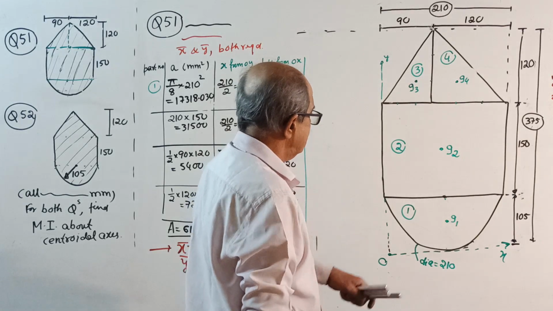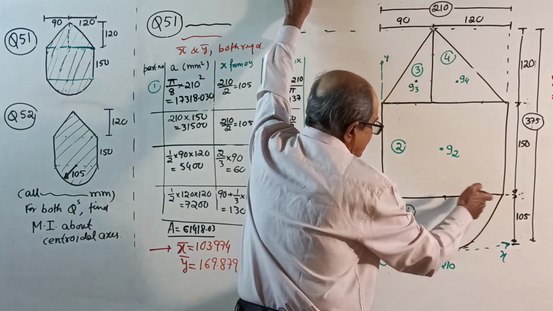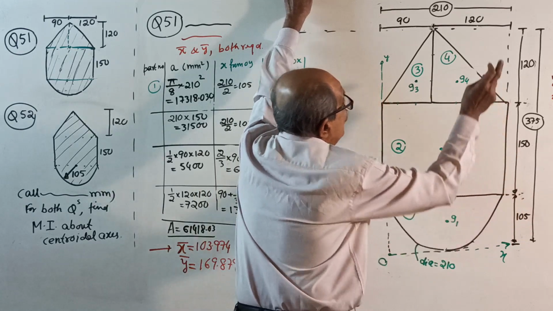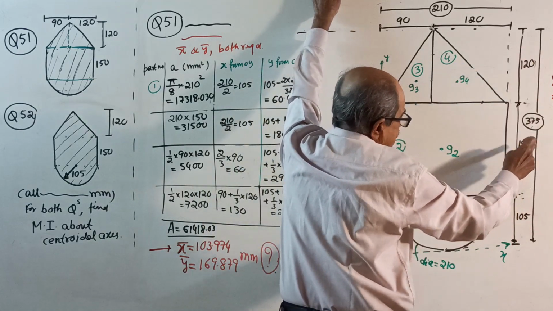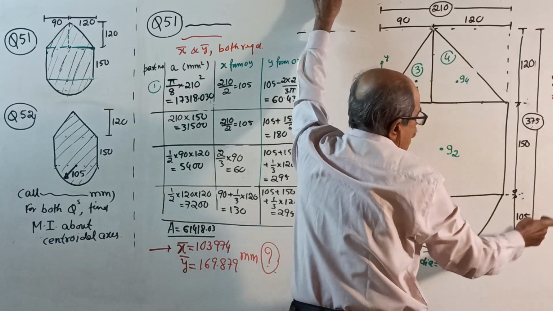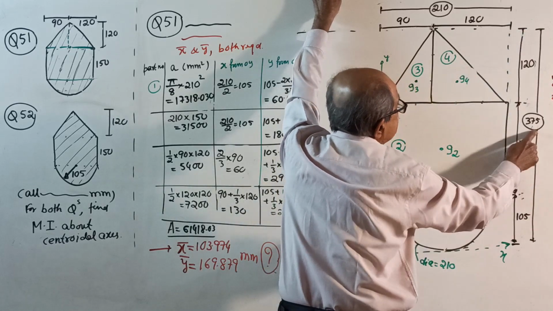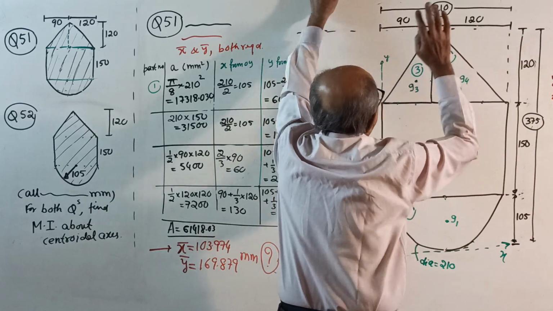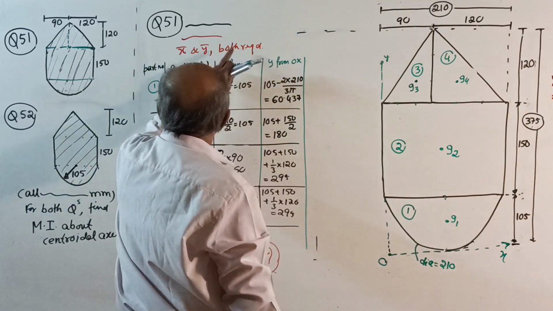Make a note. If the diameter is 210, the radius is 105. 120 plus 150 plus 105, total vertical outer to outer is 375. Horizontally 210. Okay, start. X bar, Y bar.